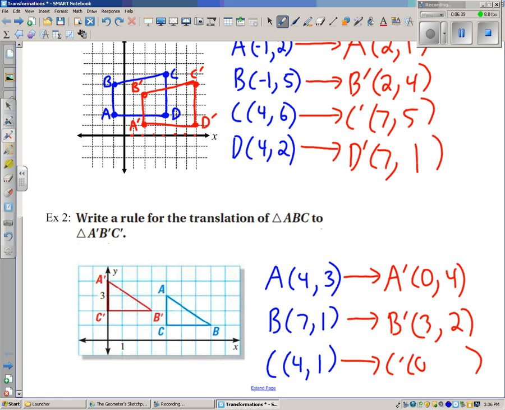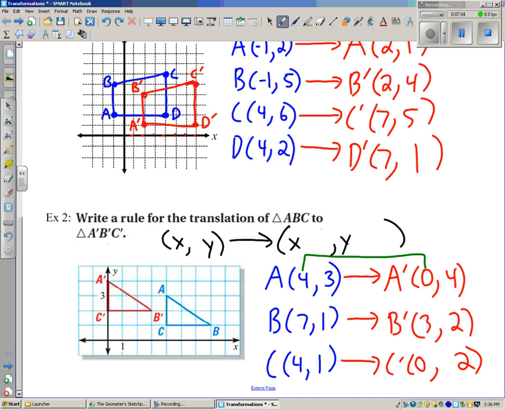is (0, 2). So what we want is a rule for how to get from (x, y), which is our blue triangle, to our red triangle. So the question is, what's happening to each x and what's happening to each y? Well, take a look at each x.